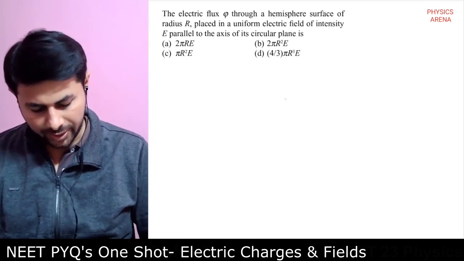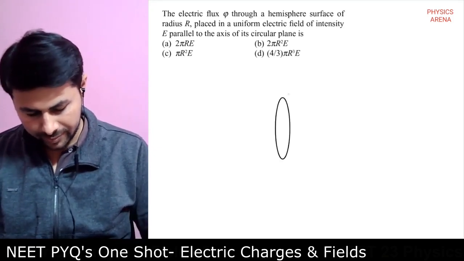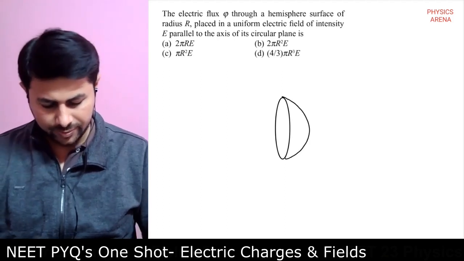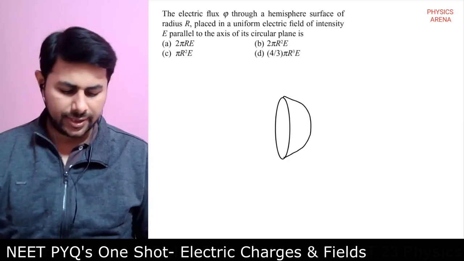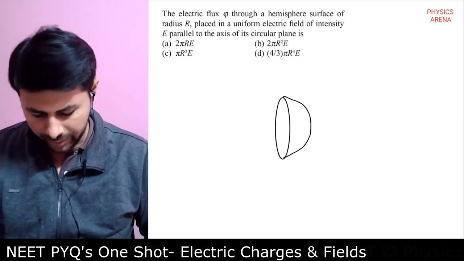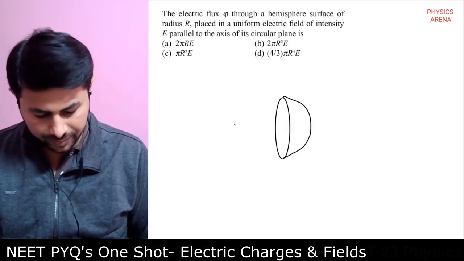Let us draw a hemisphere. It would be something like this. Let us just suppose that this is a hemisphere, half of the sphere, and this is the axis of the hemisphere.